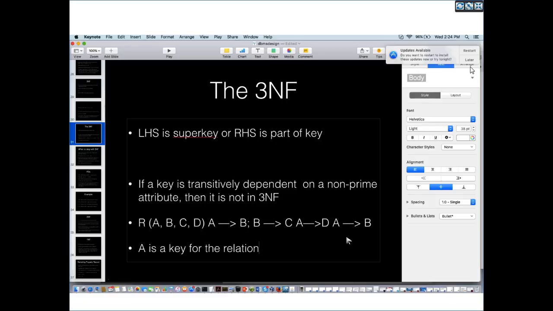Now A is a key for this relation, because from A you can functionally determine all other attributes.